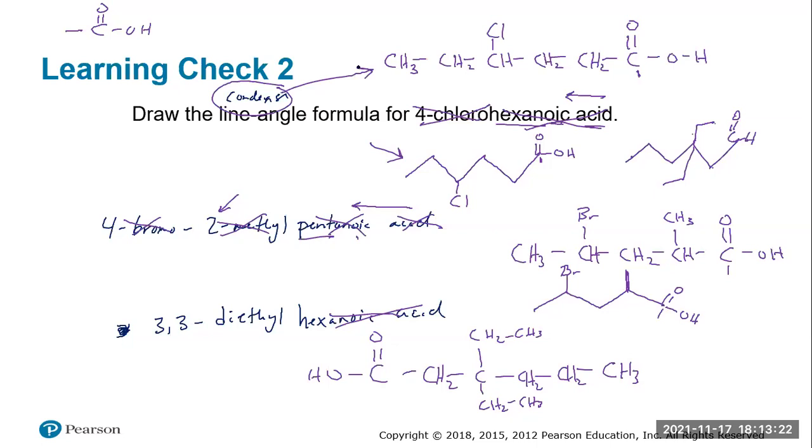If it does say condensed, it should look like these guys over here specifically. If it says condensed, you need to draw something that looks like the guy up there on top. If you drew the line structure, technically that would be wrong because that's line structure. So basically there are 3 structures you could draw. One is the condensed, like the guy up there on top, where we don't draw out the hydrogens, we use the carbons.